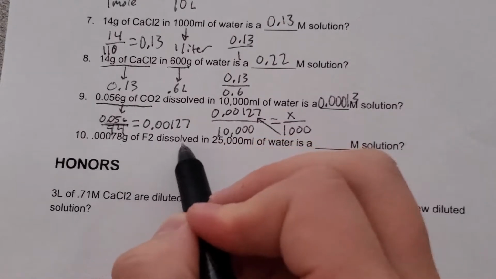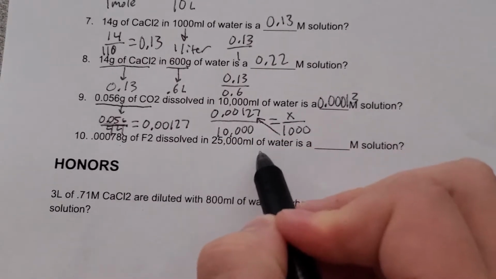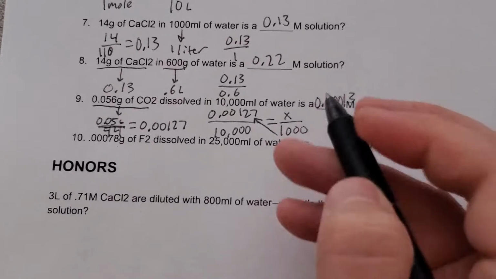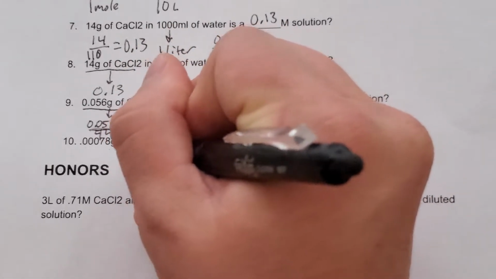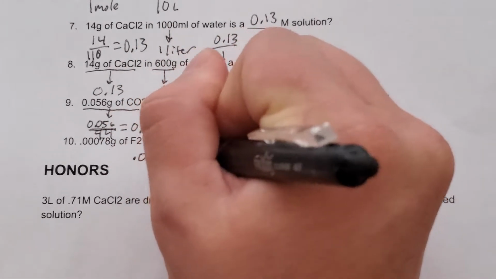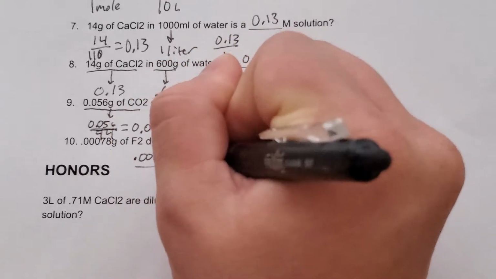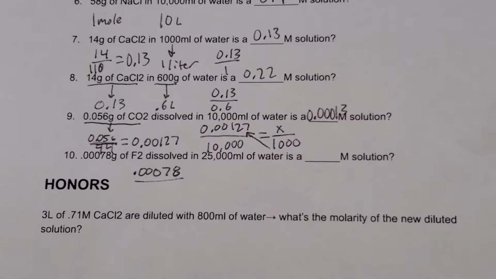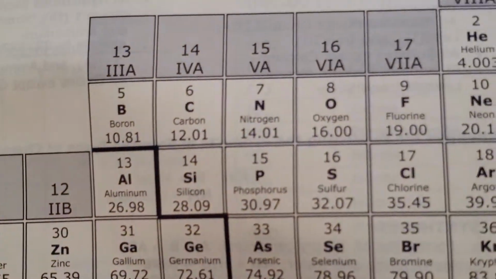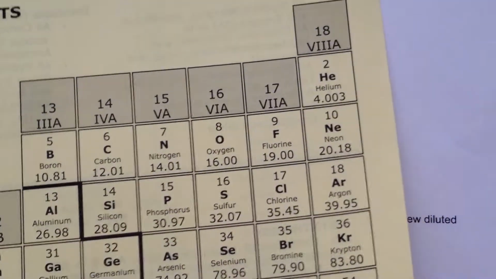0.00078 grams of F2 dissolved in 25,000 milliliters of water is a blank solution. So 0.00078 divided by, what's the proper weight? Fluorine gas. It's going to be 38.